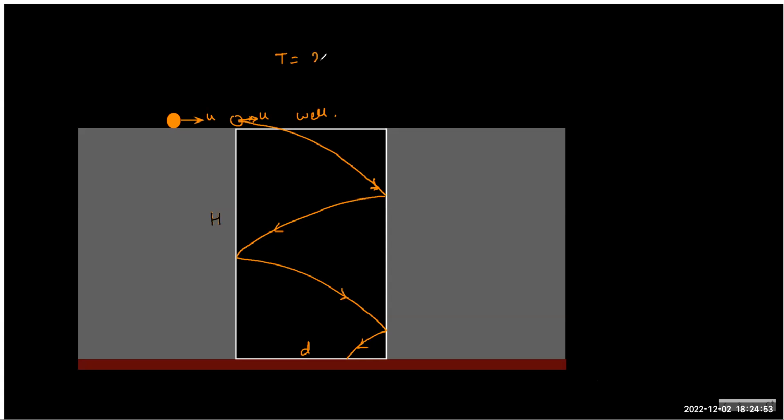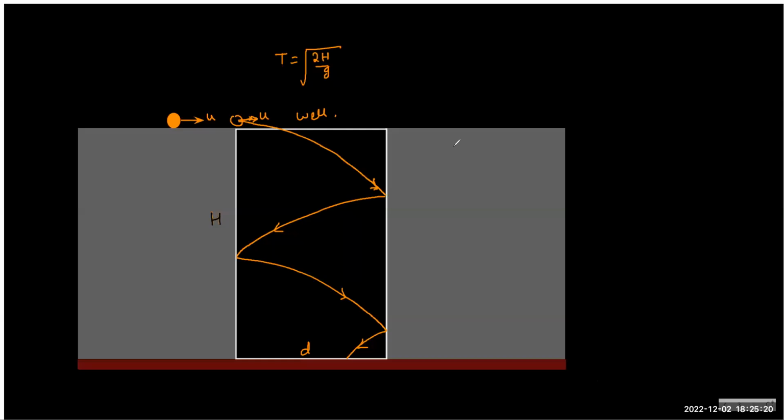So it will remain under root 2h by g. How many of you remember this formula? Raise your hand. Okay. Very good. So now this is the time of flight, which is under root of 2h by g.